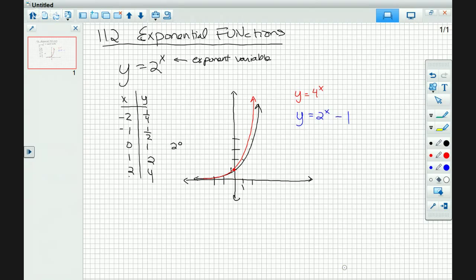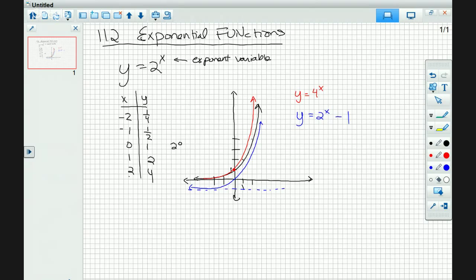So the new asymptote, this is an asymptote that never touches the x-axis here. So now we're at -1, and our intercept is 2 to the 0, 1 minus 1. And there's that. So you can move it up and down by adding or subtracting off the end.